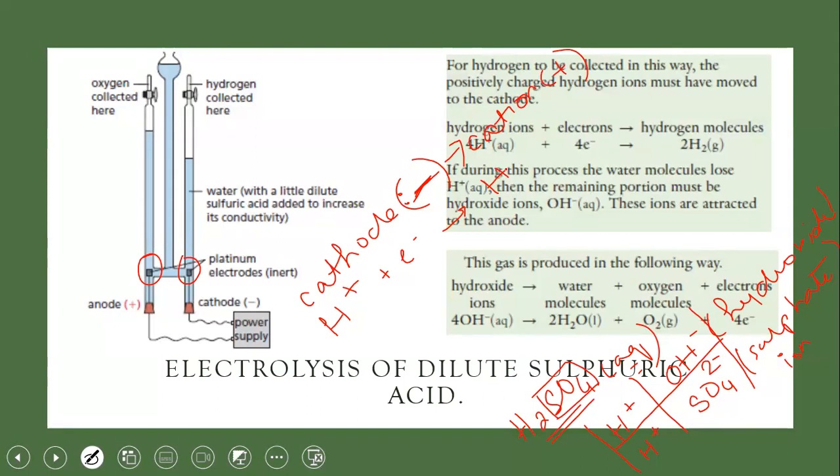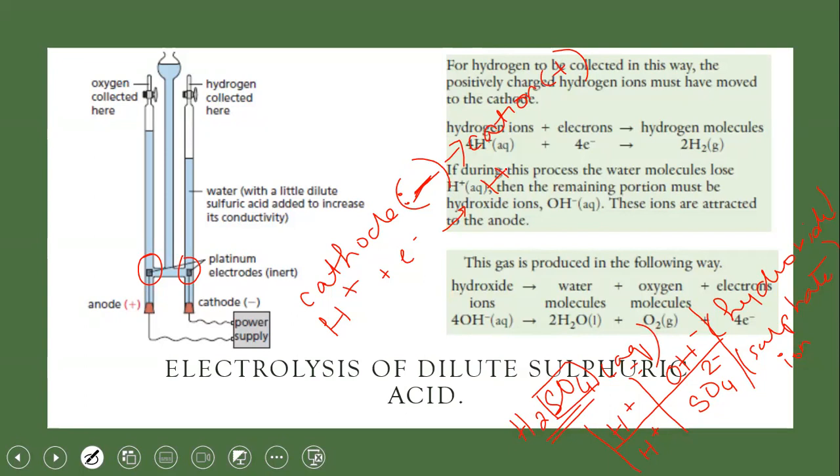So now to complete my equation, all I have to do is balance it. Do you know the formula for hydrogen gas? Hydrogen gas, what's the formula for it? Remember, in the last class I was giving you examples of gases that are diatomic.